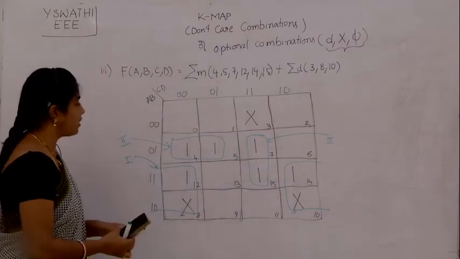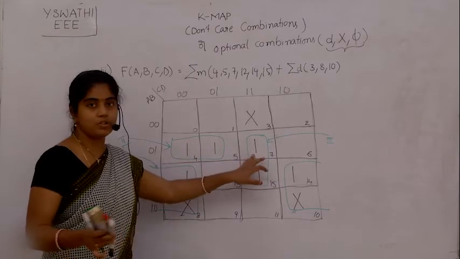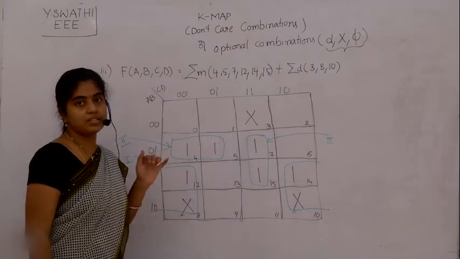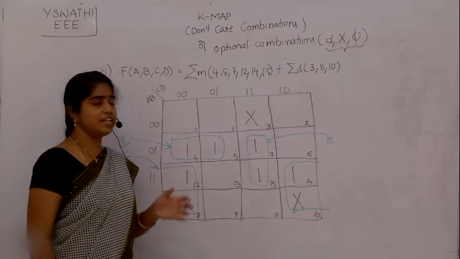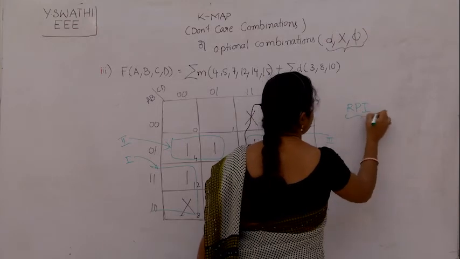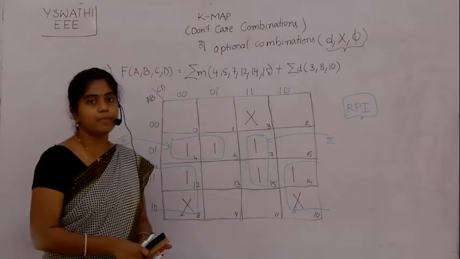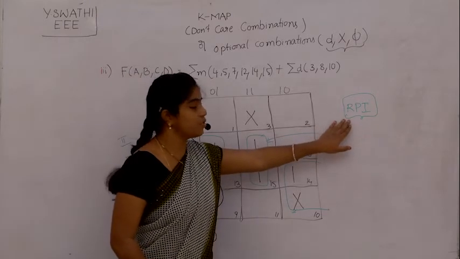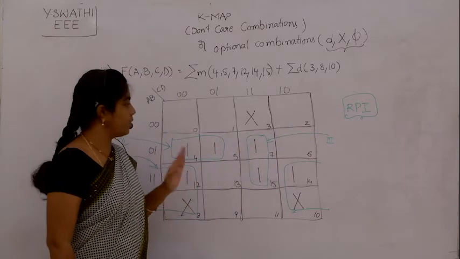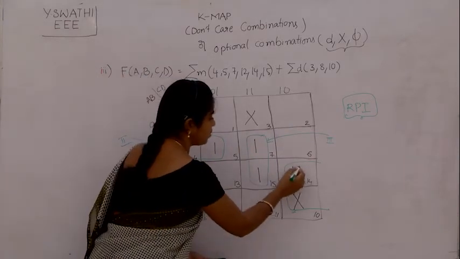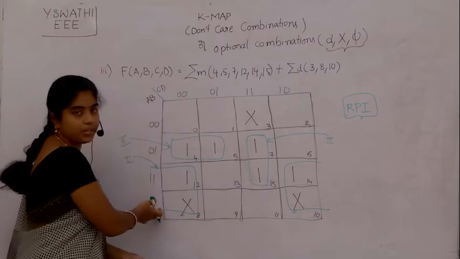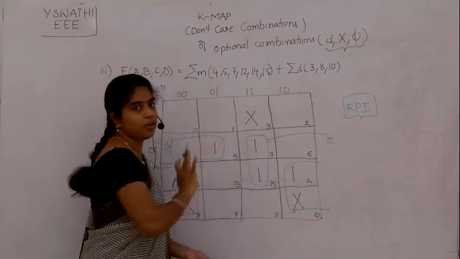Now you might ask, we can take this 5 and 7 also as one group, and 15 and 14 as another group. But as we discussed in the previous examples, there is a term called redundant prime implicant. What is this redundant prime implicant? It is a group in which all the ones are already paired with another group. If I form these two as a group, this cell is already in the quad formation and this cell is already in this pair combination.